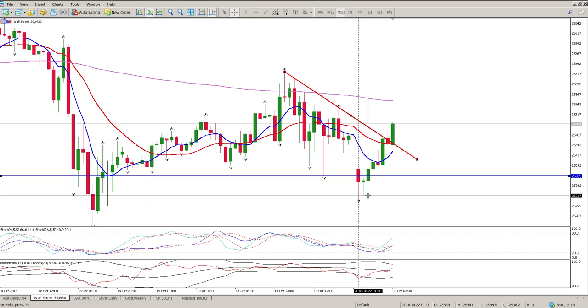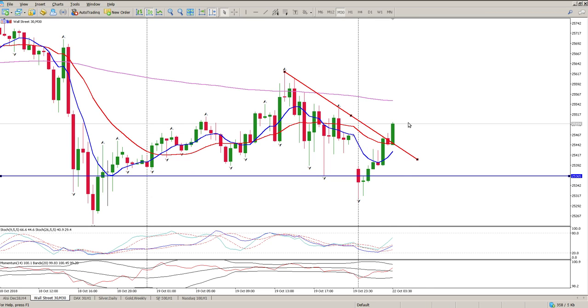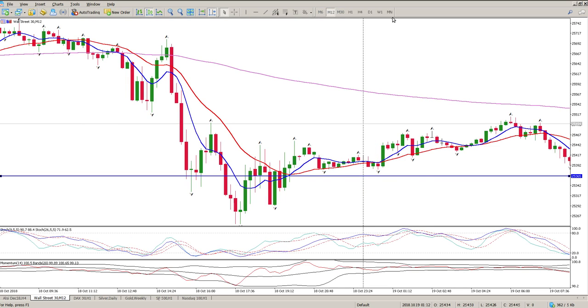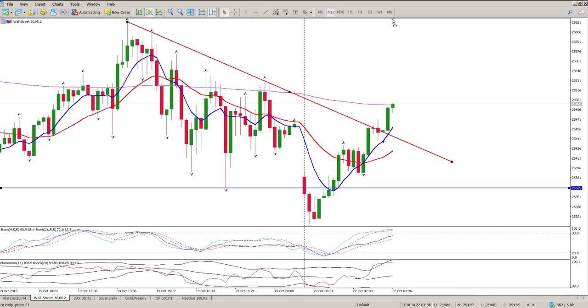Okay, we've already sort of got a 179 point move off the bottom, which is fairly significant, especially on the Dow. Okay, and it seems to be moving at a rapid rate of knots right now. So yeah, I think it's not an area to get long at the moment.